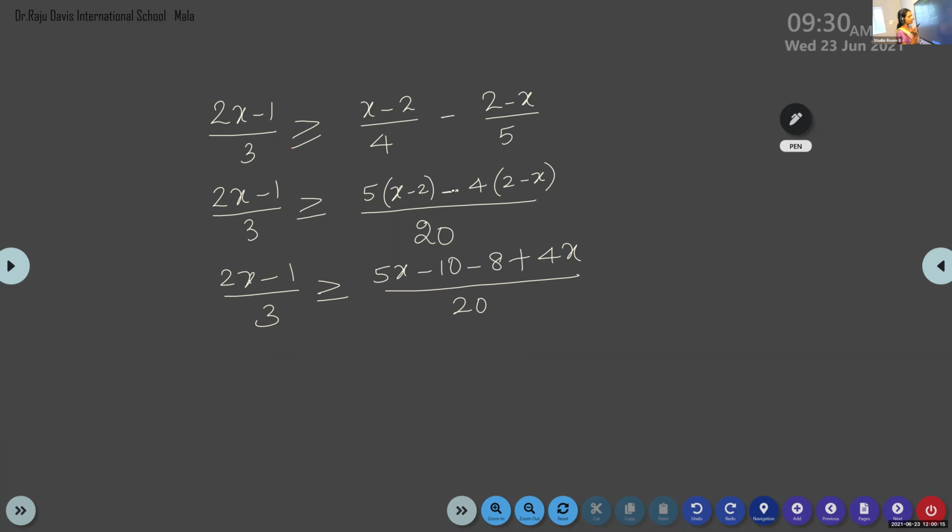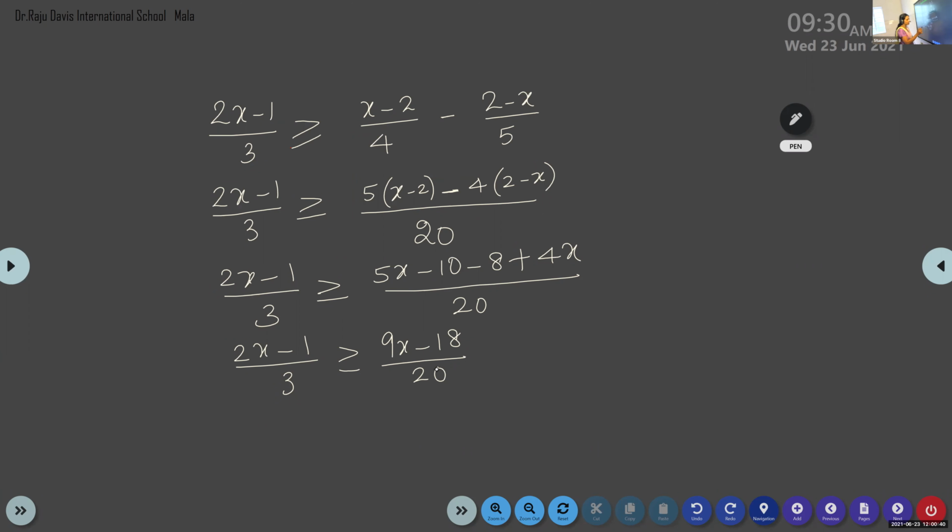Whenever minus is there, it should be given to all the terms inside the bracket. So negative of negative will become positive. So we get (2x minus 1) by 3 is greater than or equal to 5x plus 4x means (9x minus 18) by 20.